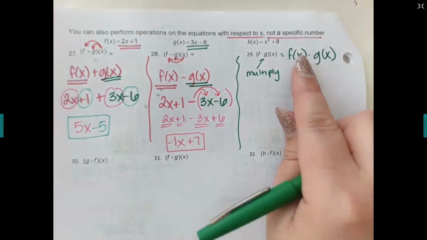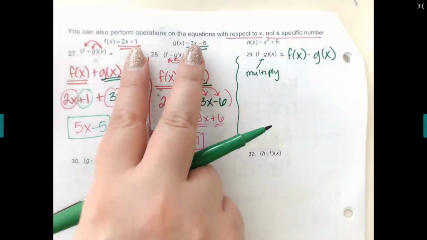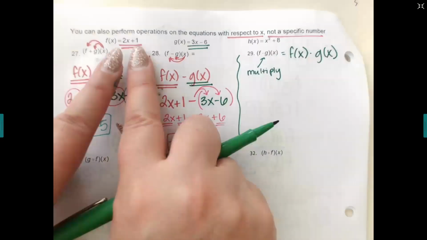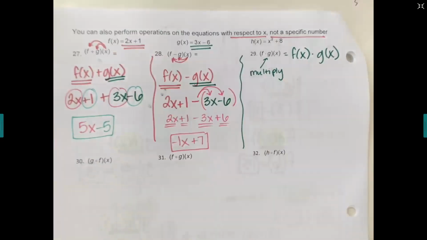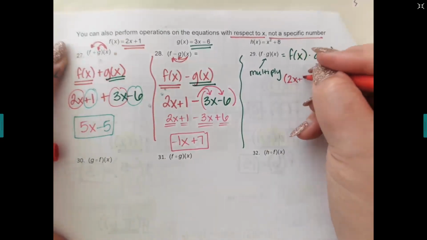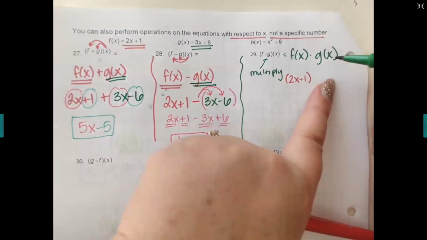And notice, because this isn't a specific number, I'm just using the full equations rather than trying to plug in some certain number. So my f formula is going to be a 2x plus 1. And my g formula is still 3x minus 6.